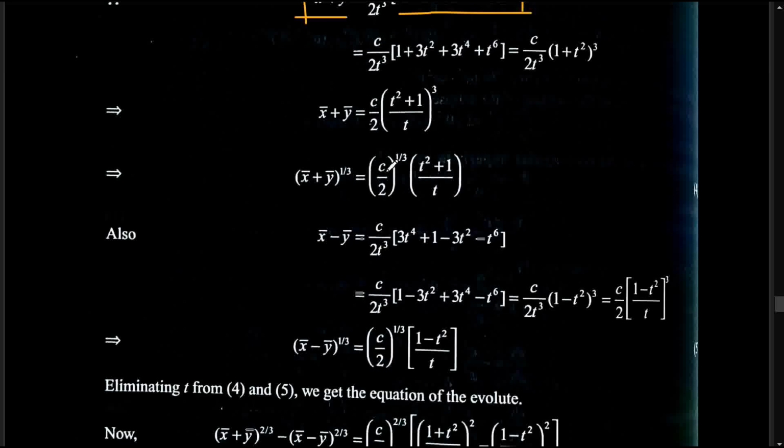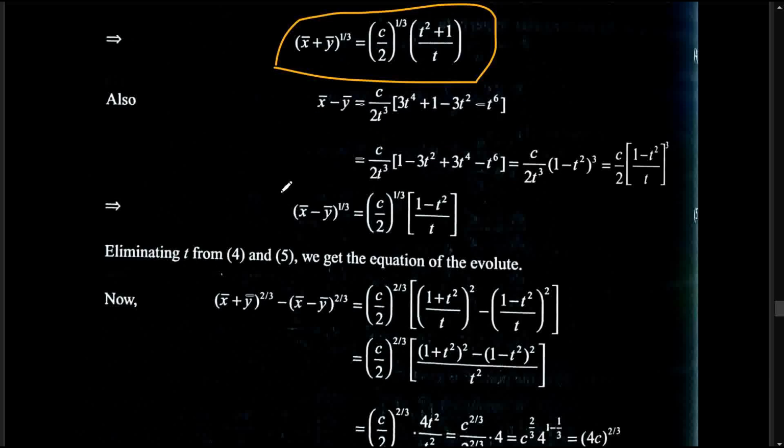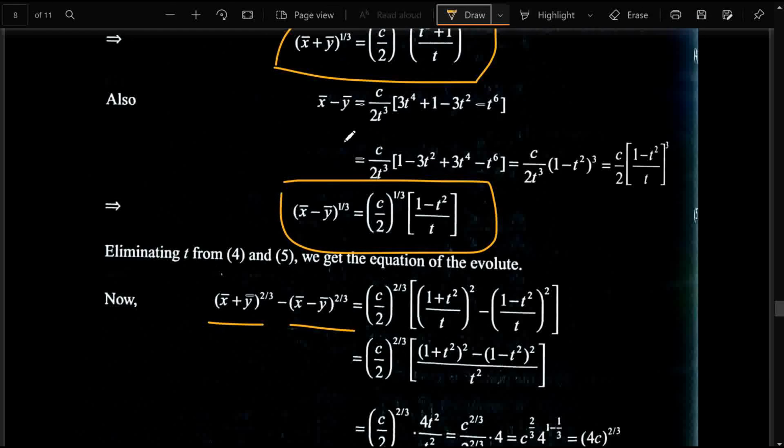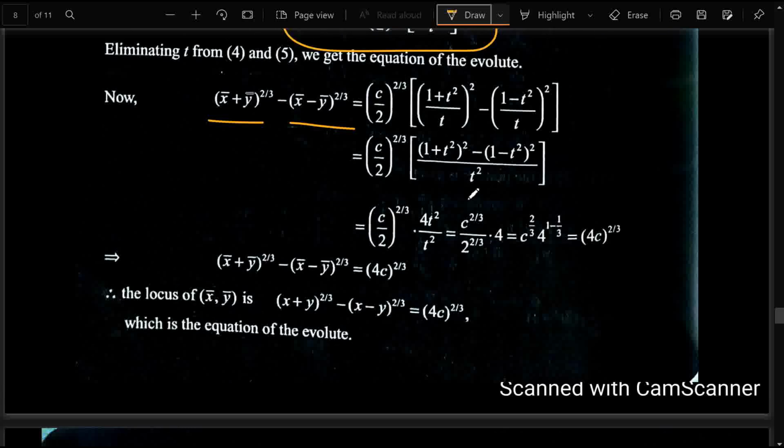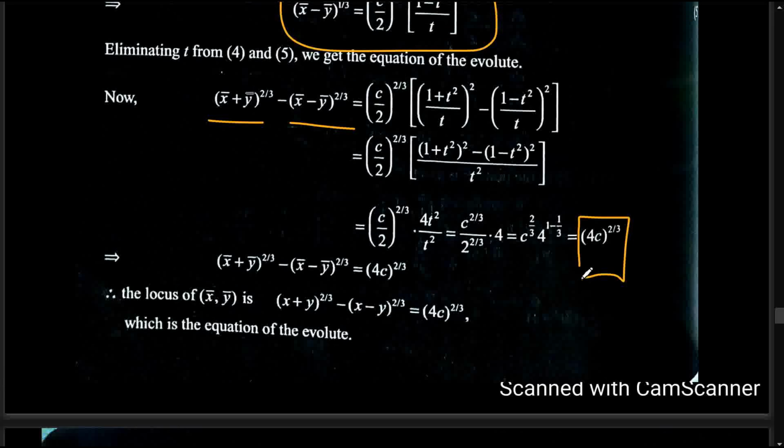They add this, subtract this, and raise it to the power 1 by 3. Now they are subtracting the equations that we formed before. By that we can omit the arbitrary constant t. It is an arbitrary point which we took, so it should not be present in the final equation.